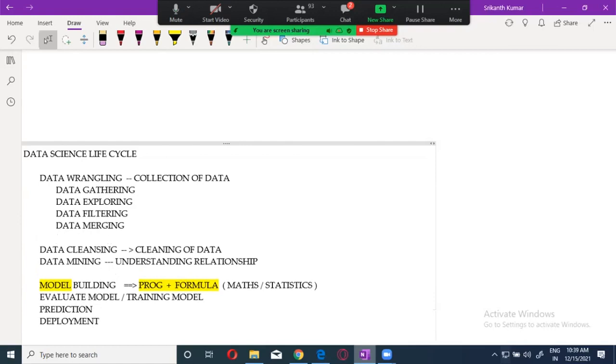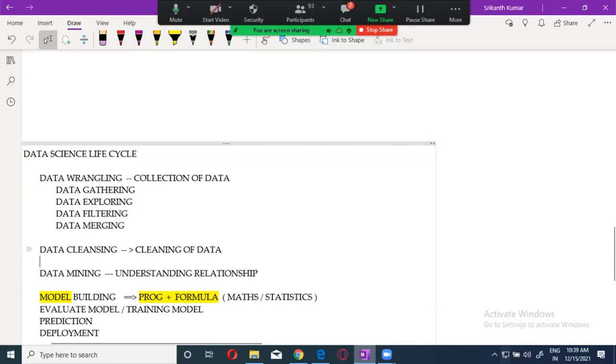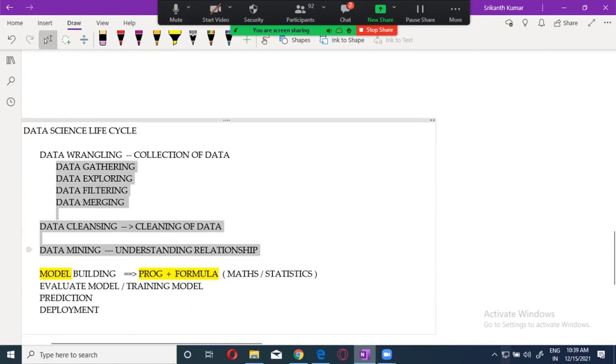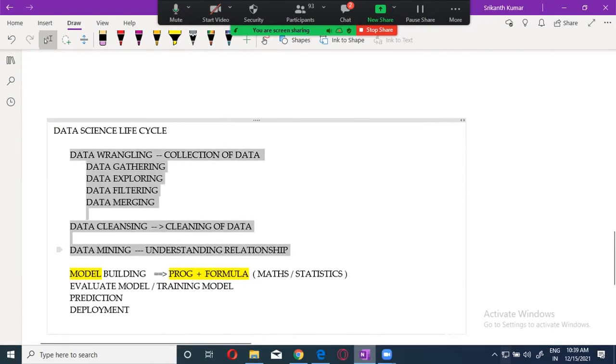All these things will be there. In the same way, the cleansing also has multiple processes. These are very important processes in the whole of data science. Gathering the right data is really very important.